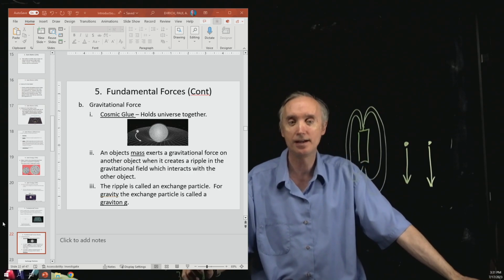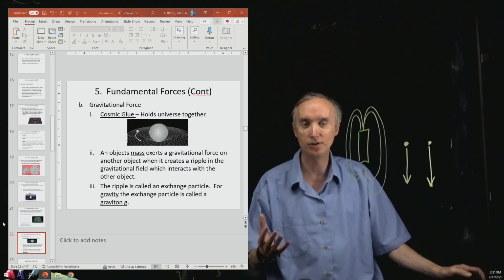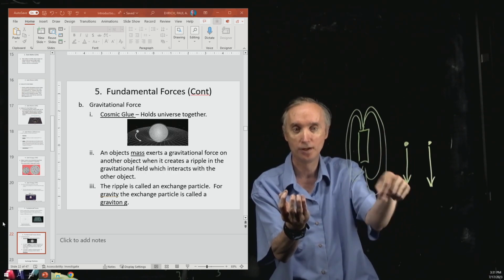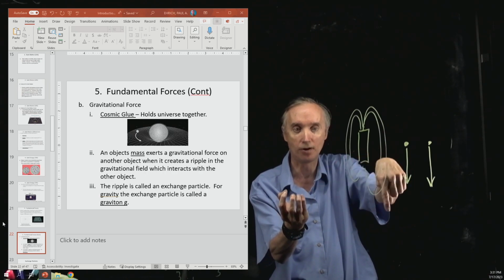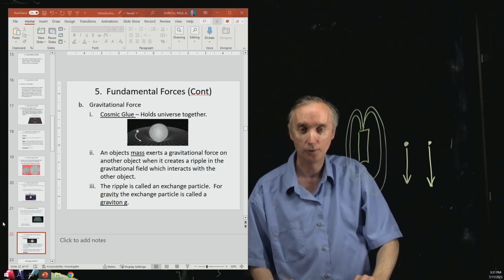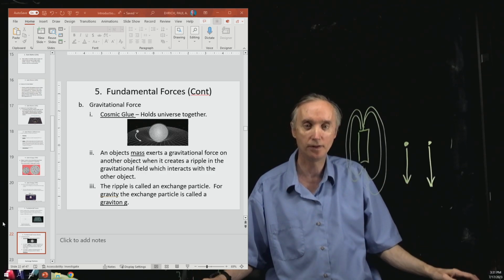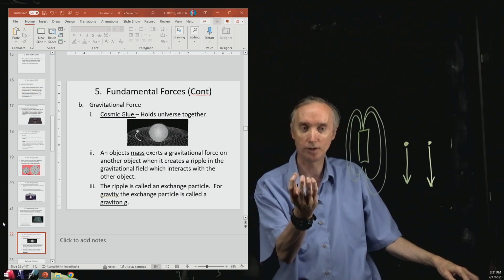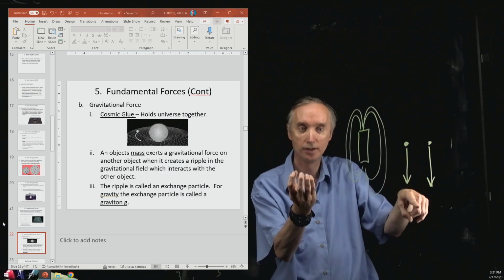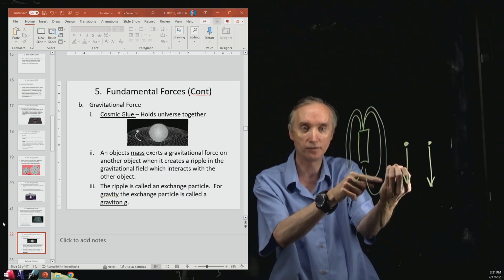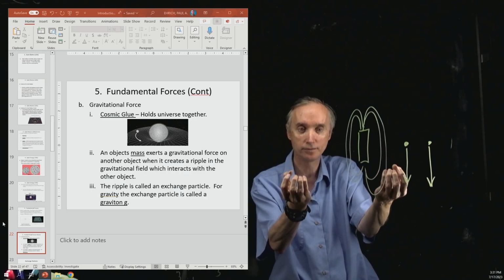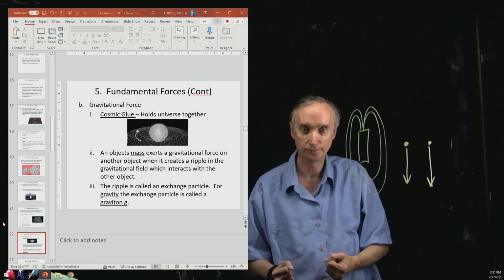So classically, we just said mass number 1, mass number 2, separated by a distance r, and then we had that formula for the force of gravity. Well, it's more complicated than that, because this one is going to create a ripple that this one over here is going to feel. And then when this one feels it, that's what the gravitational force is.